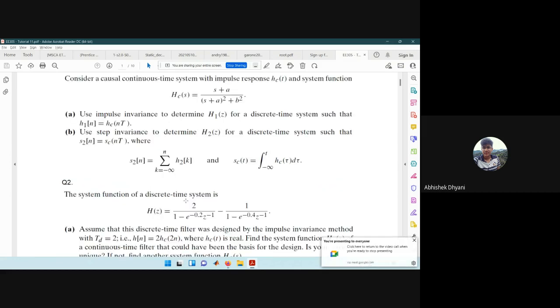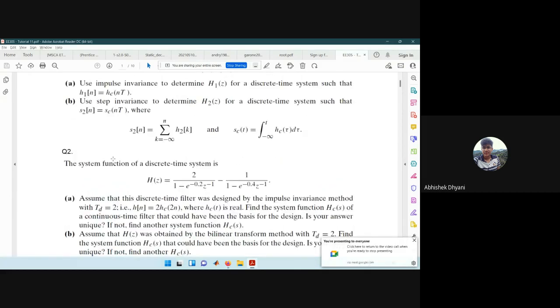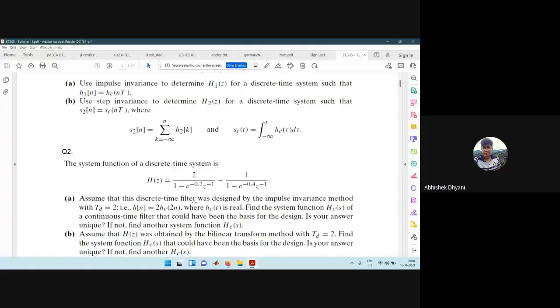In this question, we have a system function. Again, a discrete time function is given to me, that is this H(z). And I have been told to assume that this discrete time filter was designed by the impulse invariance method, where TD is 2.